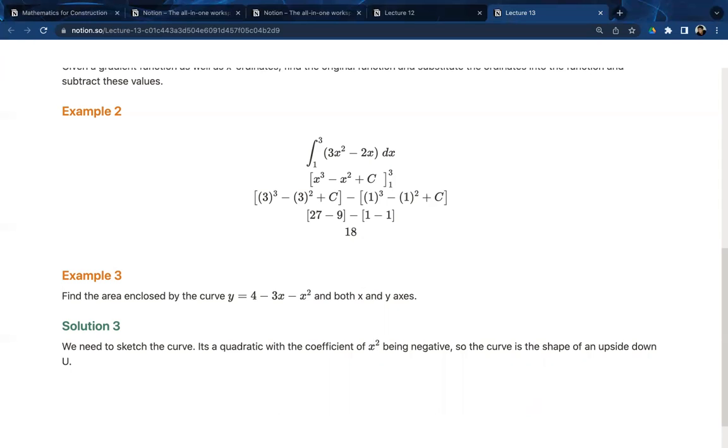Normal quadratics are shaped like a U. So this shape like an upside down U, okay? Or upside down V. So we know it's shaped like upside down U. Where does it cut the x-axis?